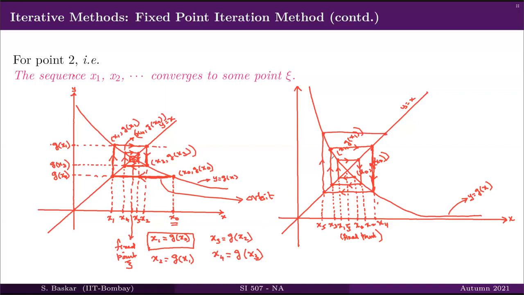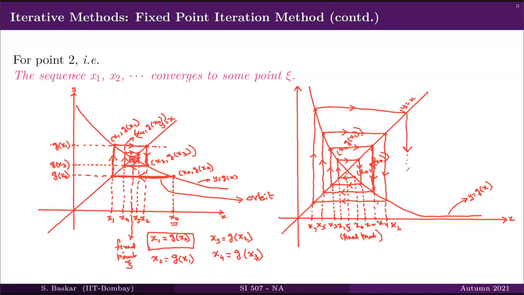And you can keep on going like this. Here you can see that the iteration points are going away from the fixed point, and looks like this sequence is going to diverge, right?